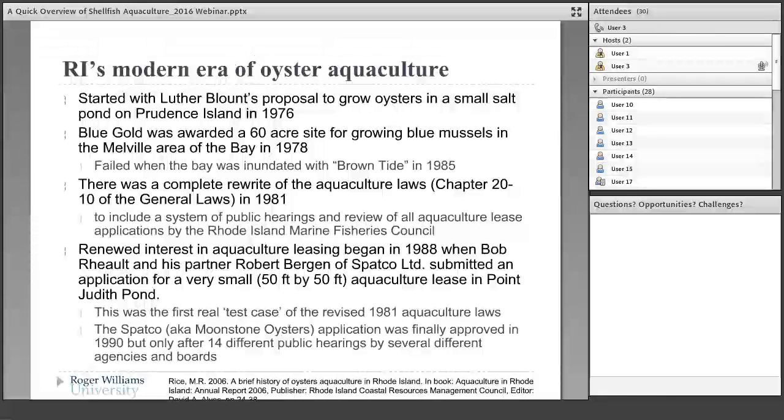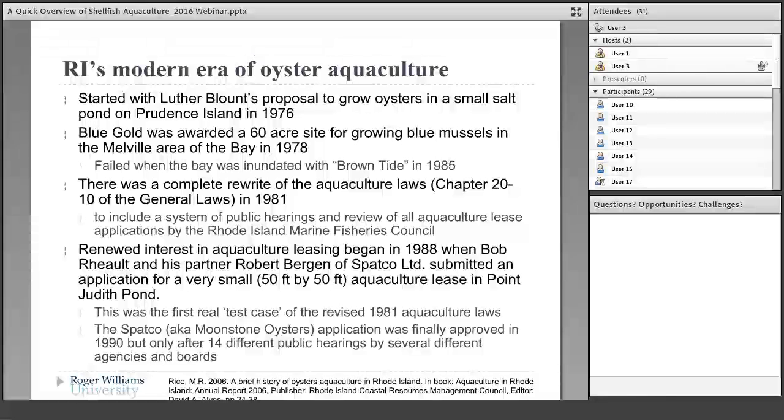In 1981, there was a rewrite of the aquaculture laws, which put the responsibility for managing aquaculture under the venue of the Coastal Resources Management Council. And they spelled out a system for hearing and review of all aquaculture leases, and included the Rhode Island Marine Fisheries Council as one of the institutions that would provide input on the licensing of aquaculture.